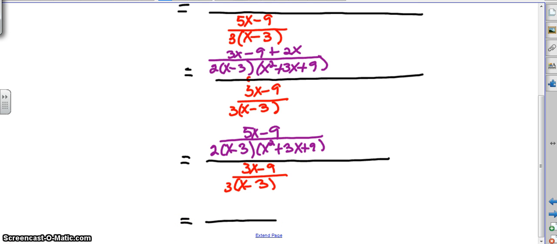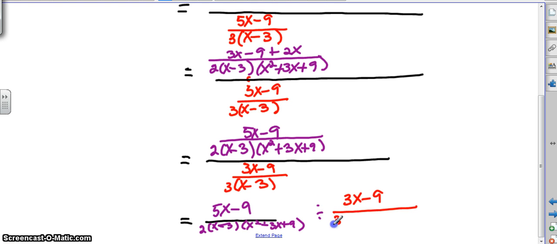Okay, now what I'm going to do is I'm going to write this as a division statement. The fraction bar is a division sign. And like I said, I'm not going to be skipping any steps here because I want you to see exactly where everything is coming from. So divided by 3x minus 9 times 3 minus x minus 3.